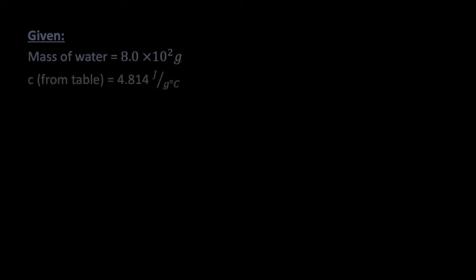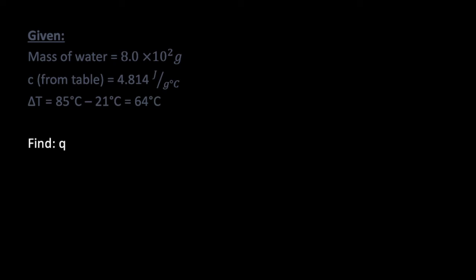We know our mass of water is 8.0 times 10 to the 2 grams. We can look up the specific heat for water in a table. It's 4.814 joules per gram degree Celsius. And we have our change in temperature. That's final temperature of 85 degrees Celsius minus initial of 21 degrees Celsius equals 64 degrees Celsius.